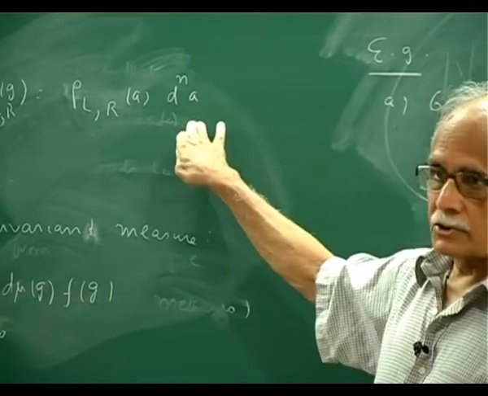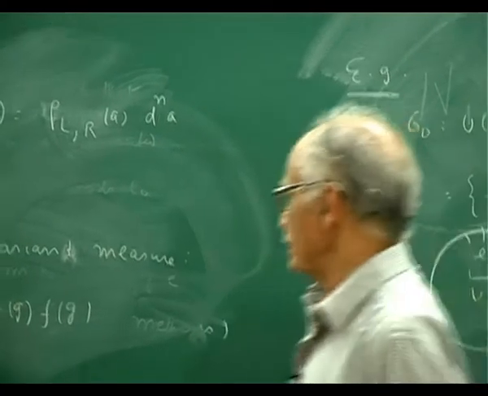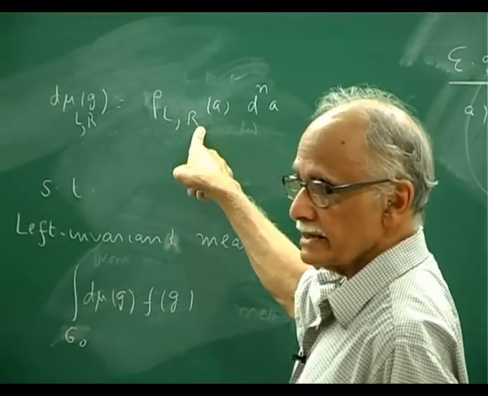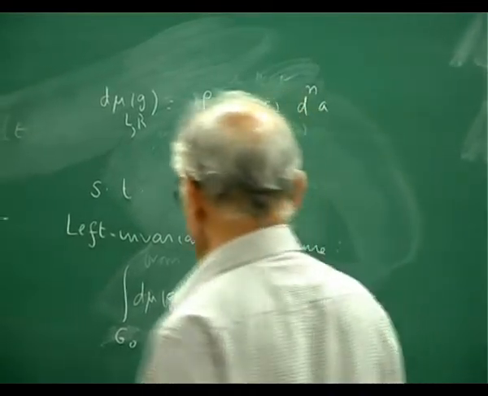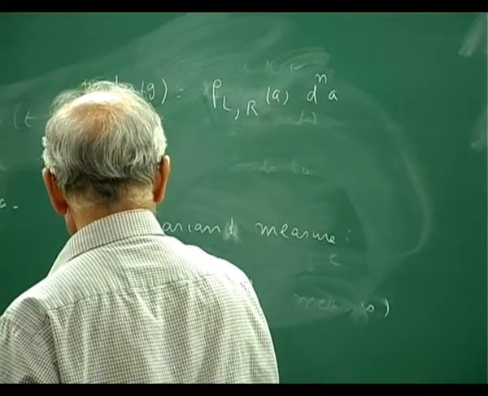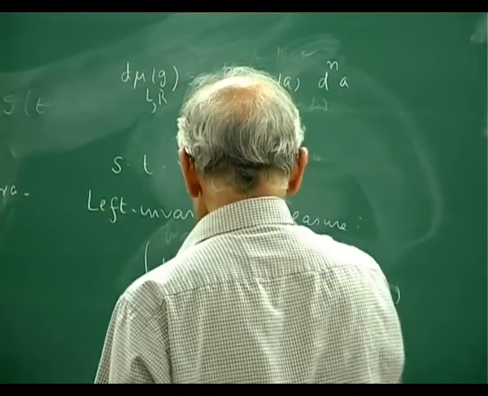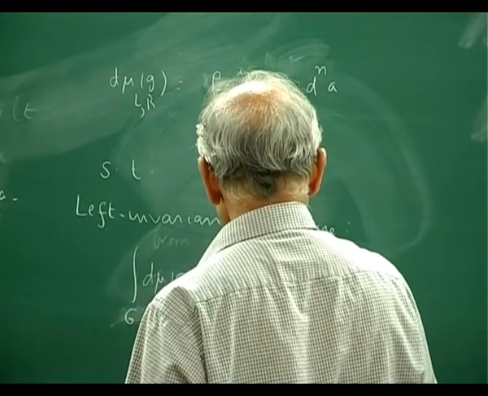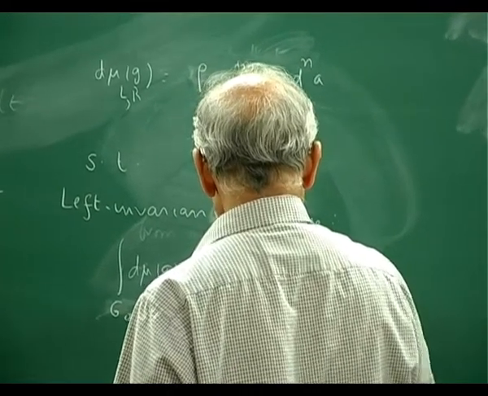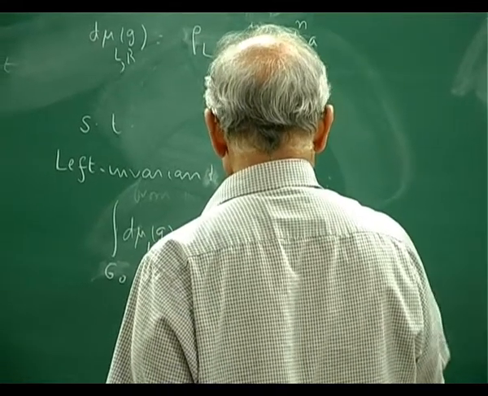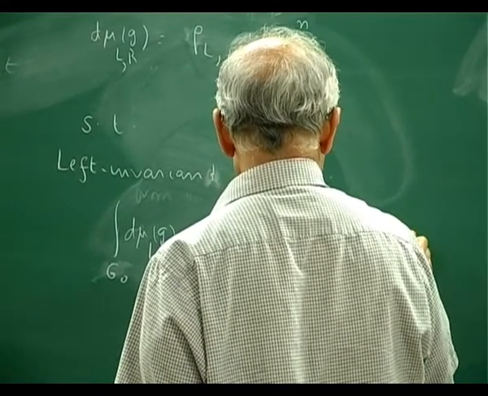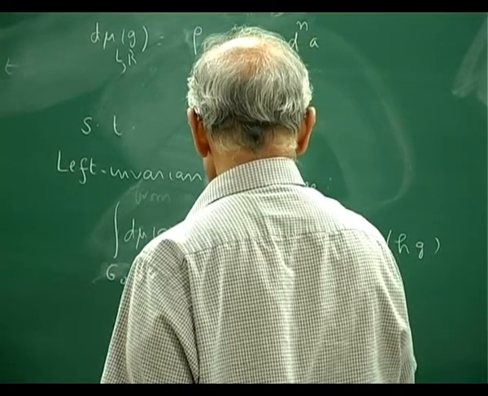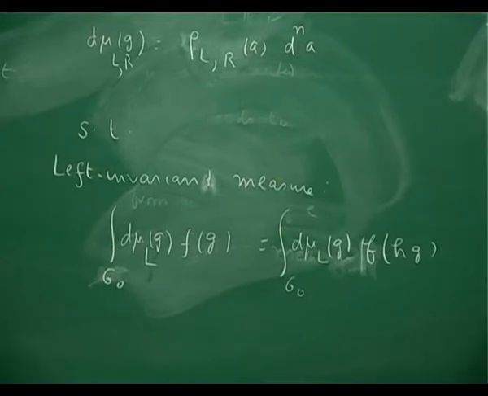Rho L is a Jacobian factor, which I will give you. Left invariant means this integral equals d mu L of g times f of h g, for all h.